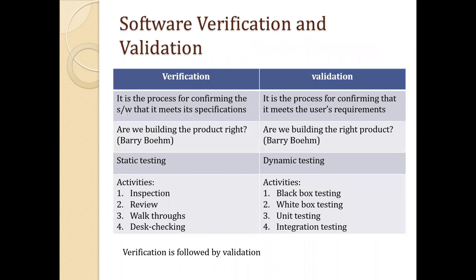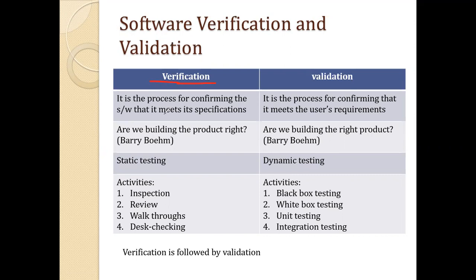Then coming towards the first bit of this chapter, that is the difference between software verification and validation. So already we have seen it in the first chapter, but here again it will be more clear to you. So here the verification is the process for confirming that the software meets its specification.